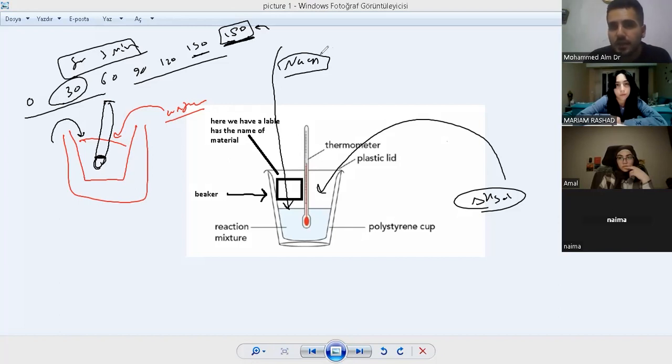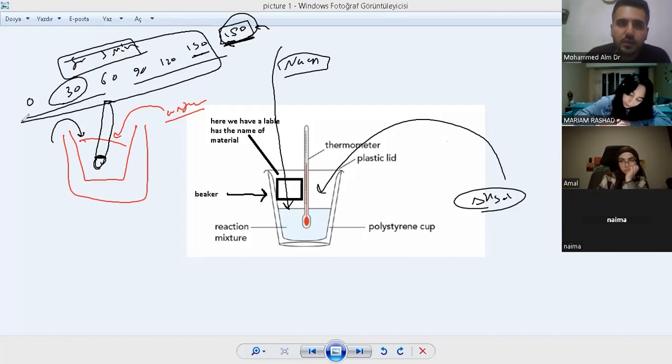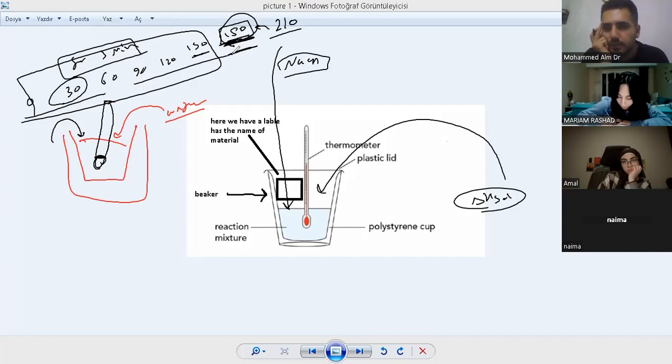At this second, we don't measure the temperature. We measure the temperature here for 6 times. And after this, in 30 seconds, I mean at 210 seconds, we will measure the temperature. We will know the reason later on.